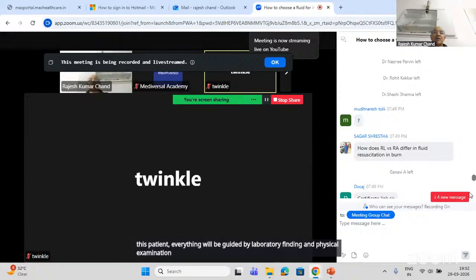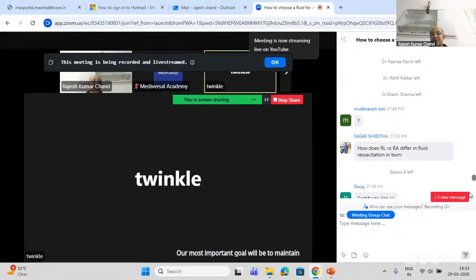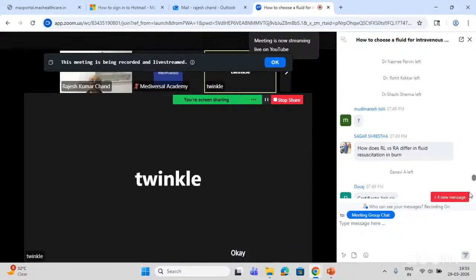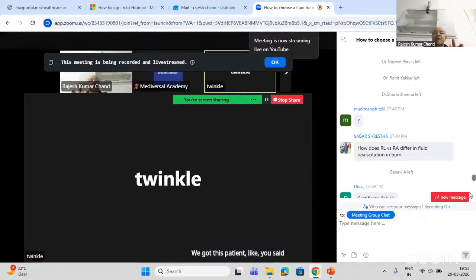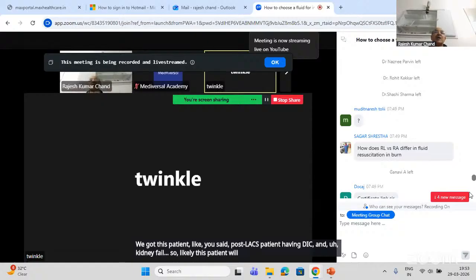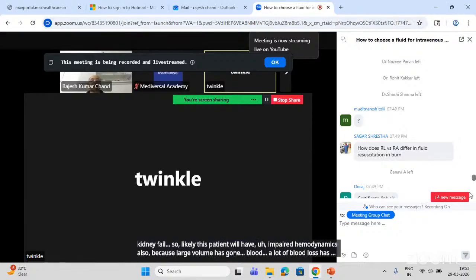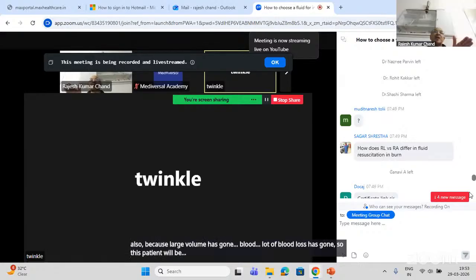Our most important goal will be to maintain hemodynamics, because this patient, post LSCS with DIC and kidney failure, will likely have impaired hemodynamics also, because a large volume has gone, a lot of blood loss has happened. So definitely this patient will be having impaired hemodynamics.